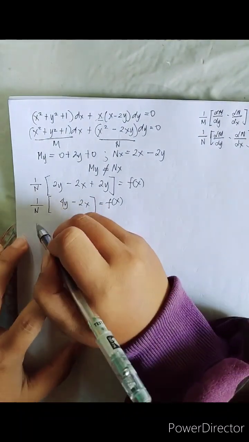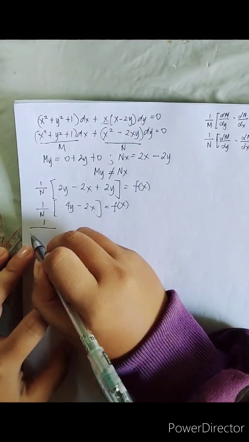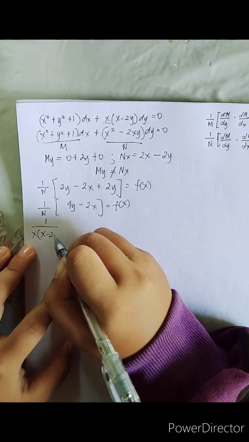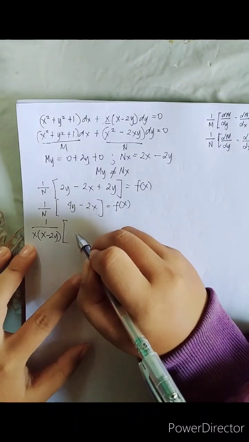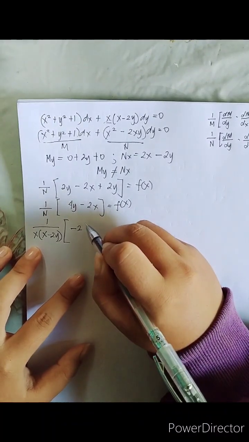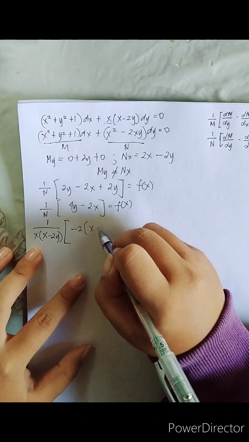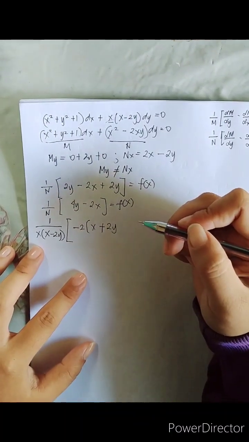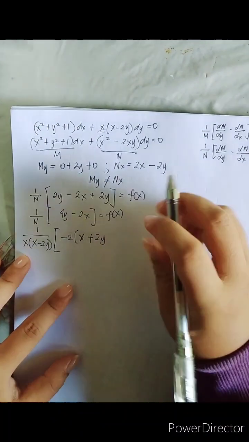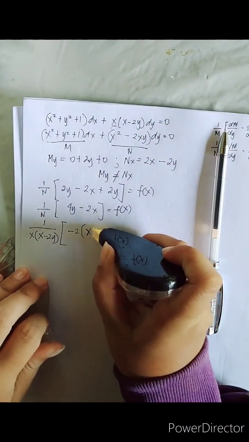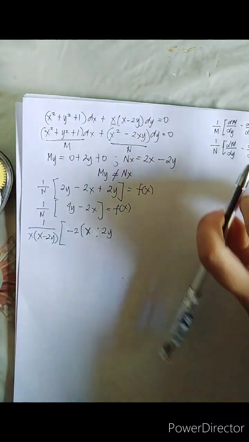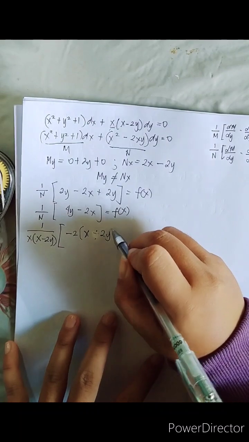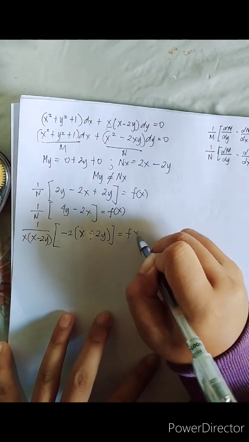To simplify the equation, this will be x minus 2y, factor out negative 2, then this will be negative 2 times x minus 2y over x minus 2y, equal to f of x.